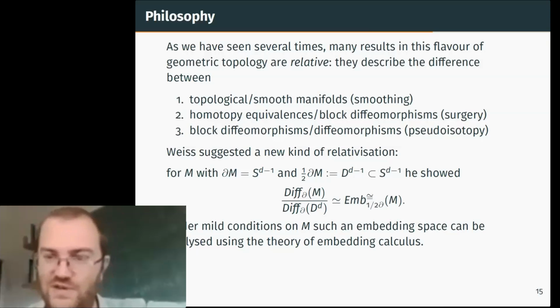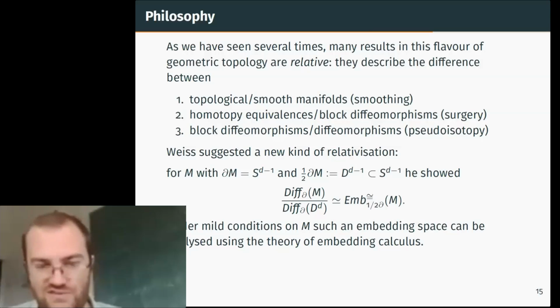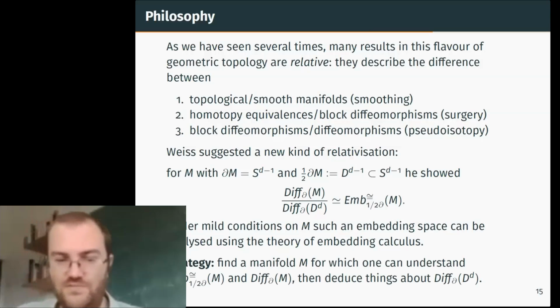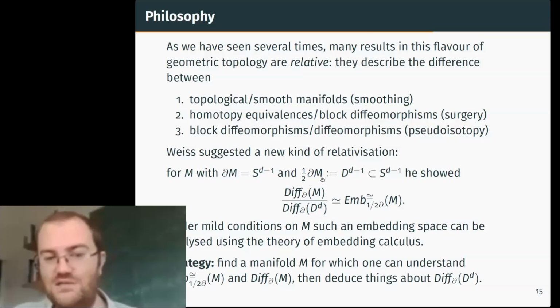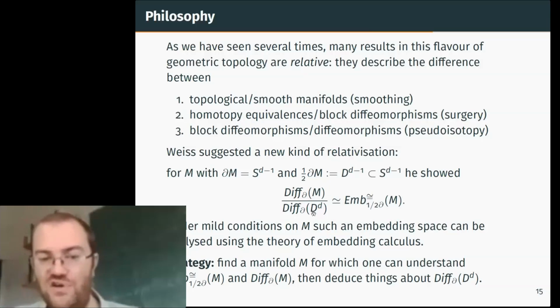Of course, you can have difficulties in getting it to do what you want, but in principle it gives you a complete method to understand everything you want about this embedding space. And that suggests, of course, the following strategy: find some manifold for which you can calculate things about this embedding space, and maybe, for other reasons, you know something about its group of diffeomorphisms, and then run this game backwards to deduce something about the diffeomorphism group of the disk.